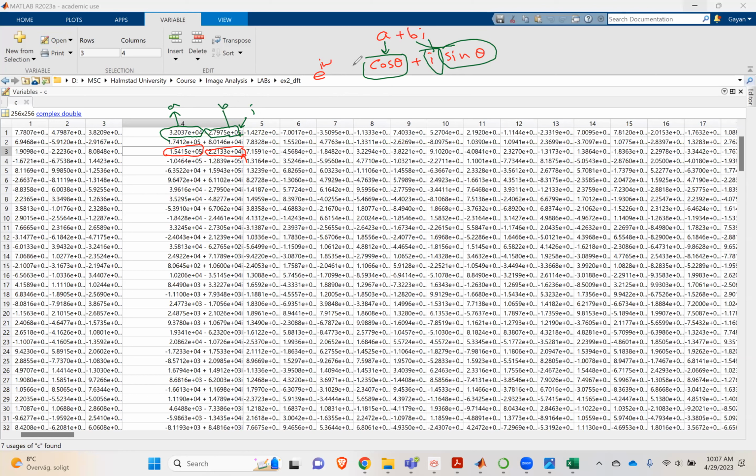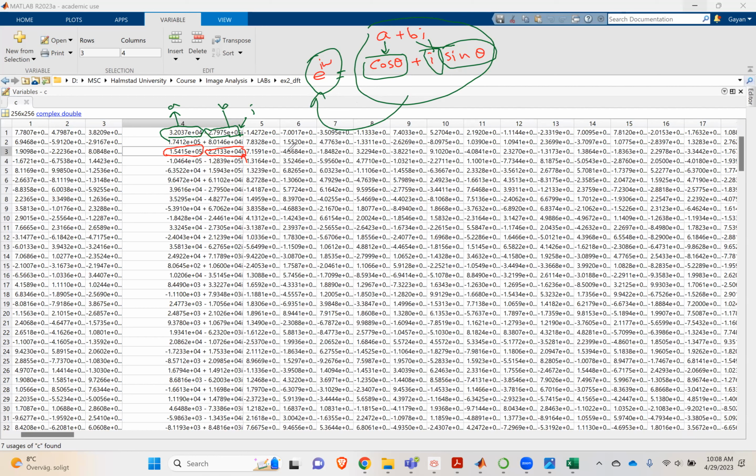Can anybody remember this equation in mathematics? e to the i omega equals cos omega plus i sin omega, right? So if the complex number can be represented in cosine and sine, it can be represented in this format also. Whenever you see this, it's a complex number in the Fourier domain.